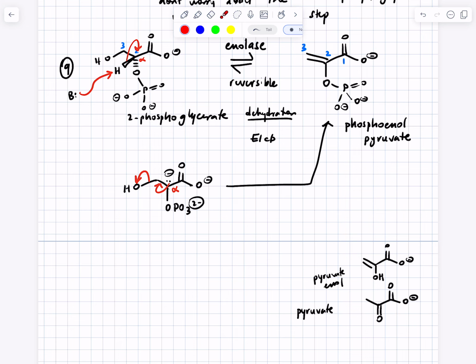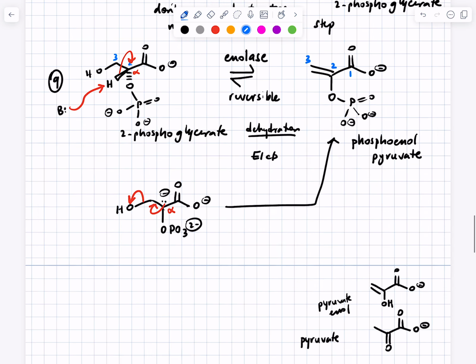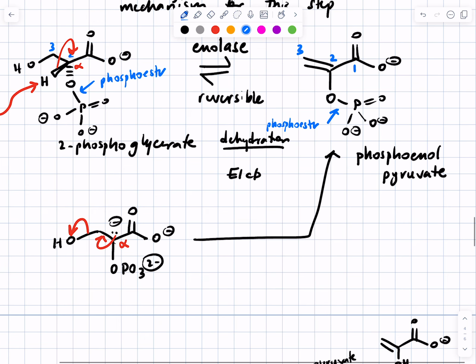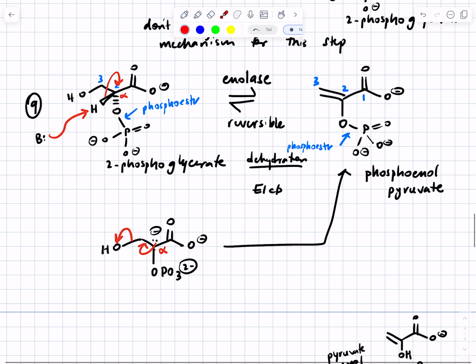Okay? So notice, going from left to right, starting materials to products, we started with a phosphoester, and we're ending, again, still with a phosphoester. But you're seeing that the oxygen that the phosphate is attached to is not just an alcohol.